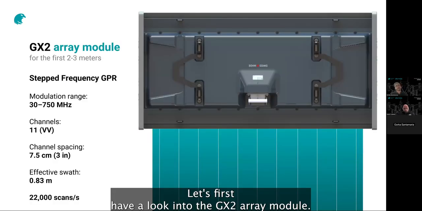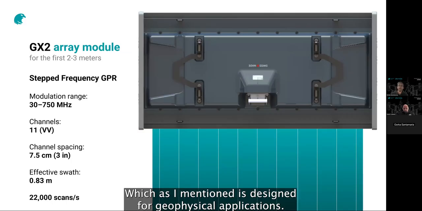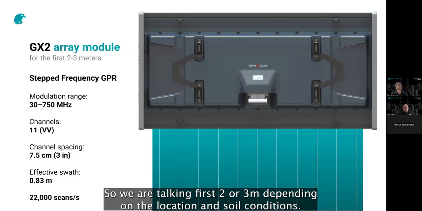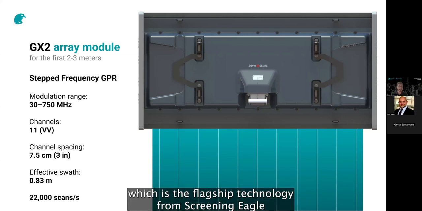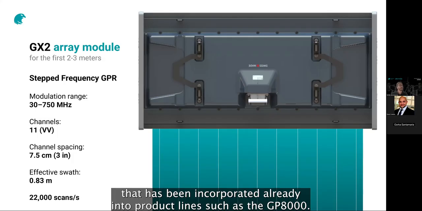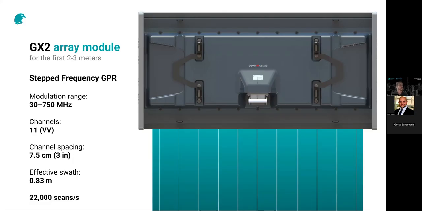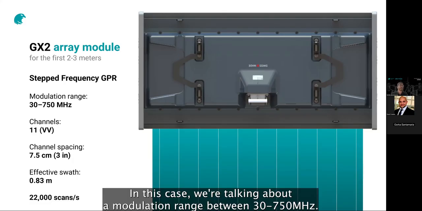Let's first have a look into the GX2 array module, which, as I mentioned, is designed for geophysical applications. So we're talking first 2-3 meters, depending on the location and soil conditions. This is based on step frequency GPR, which is the flagship technology from Screening Eagle that has been incorporated already into product lines such as the GP8000 to GS9000. In this case, we're talking a modulation range between 30 and 750 megahertz.